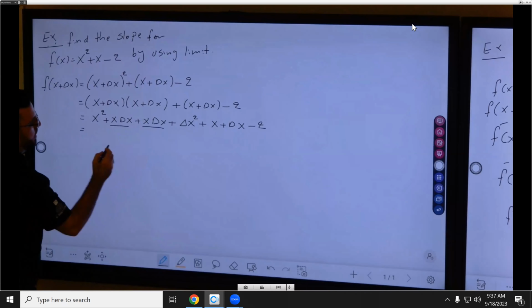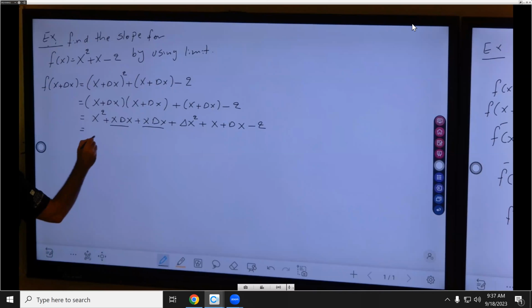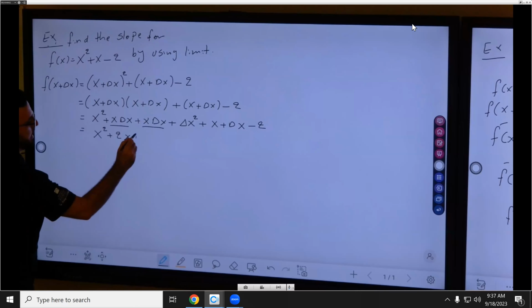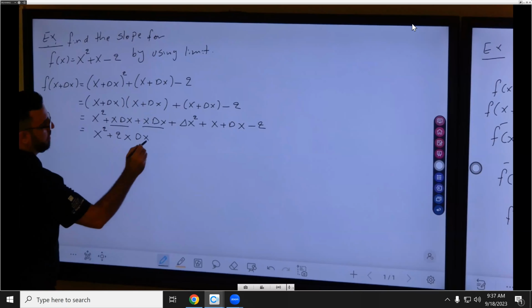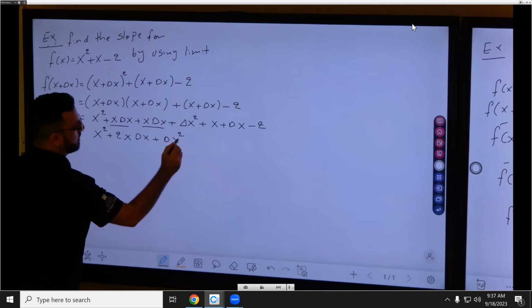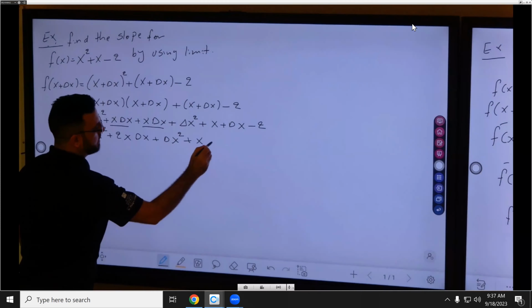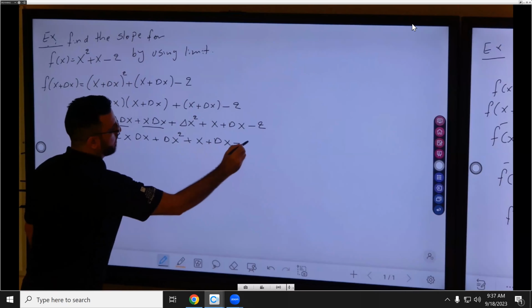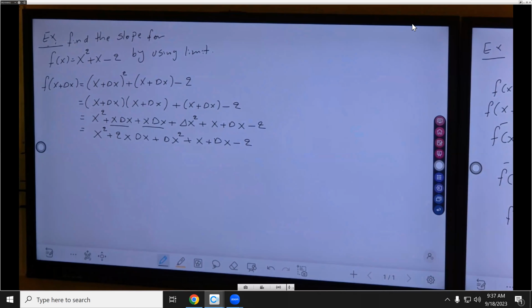Let's combine this one. x squared plus 2x delta x plus delta x squared plus x plus delta x minus 2.